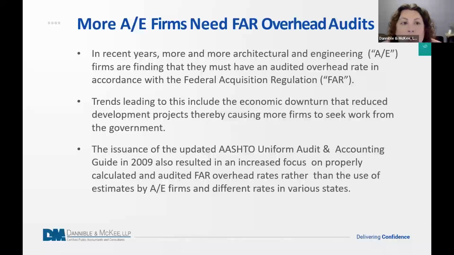And that's because more and more businesses are doing business with state and federal agencies, and if you're doing a cost plus contract, you're required to have what is called this federal acquisition regulation overhead rate. With the downturn in the economy, I think you're seeing less and less private work, so more shift to the government.